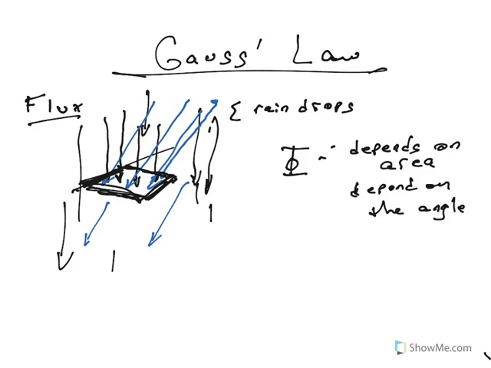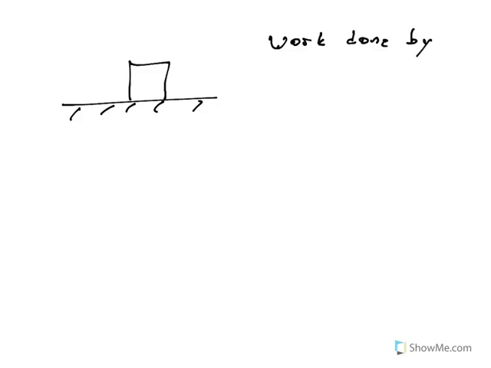Now, how can we find that amount of rain which is coming in nice and perpendicular? So, for instance, if you remember in normal classical mechanics, we have the floor, we have a box, and we want to calculate the work done by a force in pushing the box.